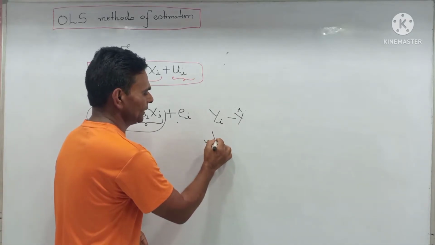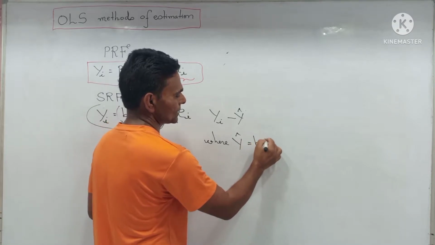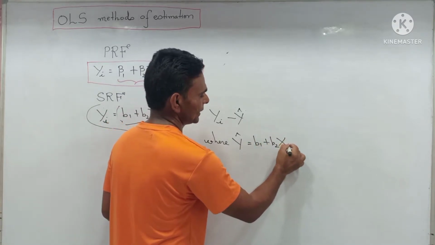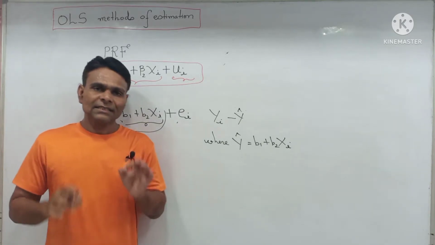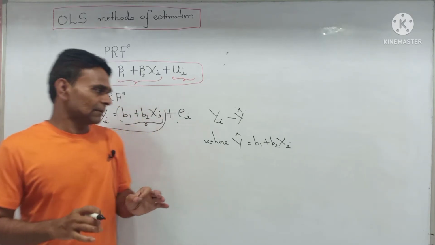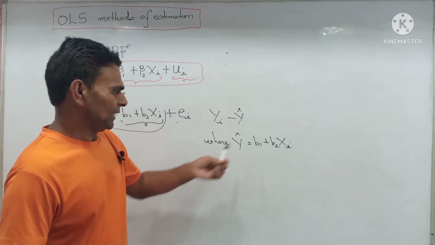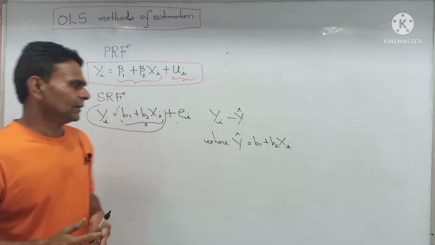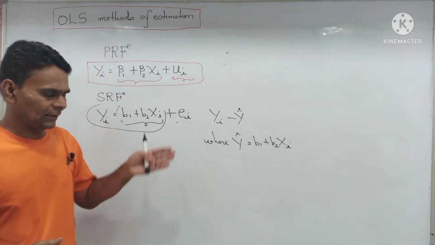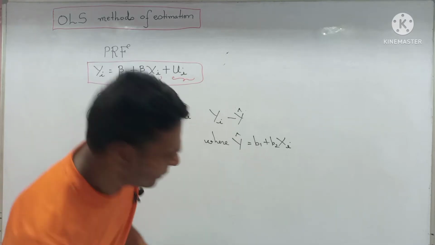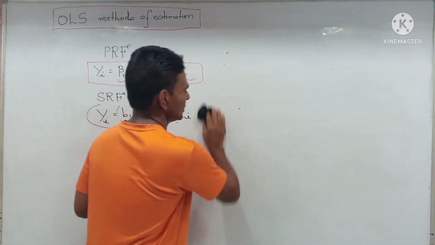The predicted value is denoted by b1 plus b2 xi, a systematic deterministic equation. Here, for a given value of x, we are able to get the predicted value of the dependent variable y.